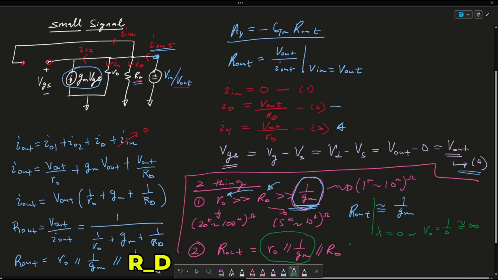So in general, R out is only going to be RO in parallel with 1 over GM for a diode connected MOSFET where my current is just provided by a current source. And as a result, this can also be approximated to just 1 over GM if we ignore channel length modulation.